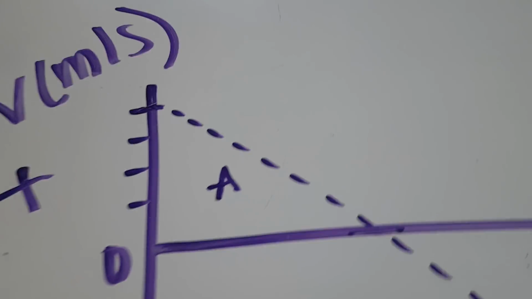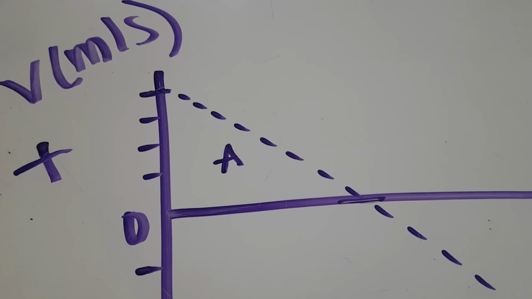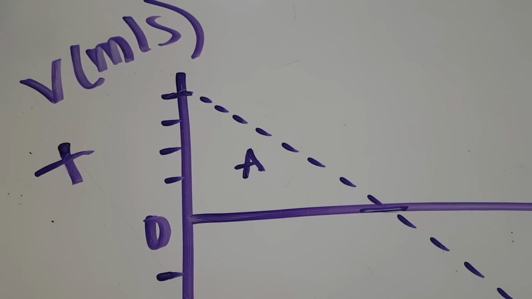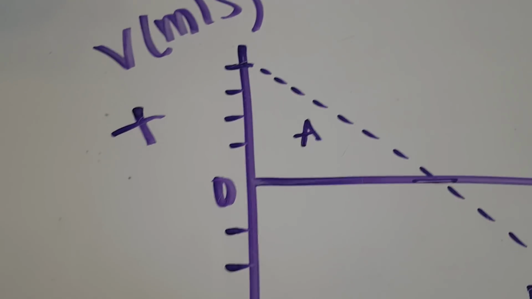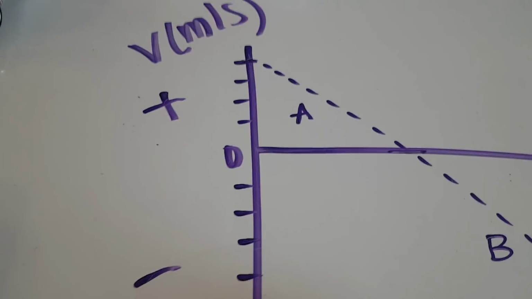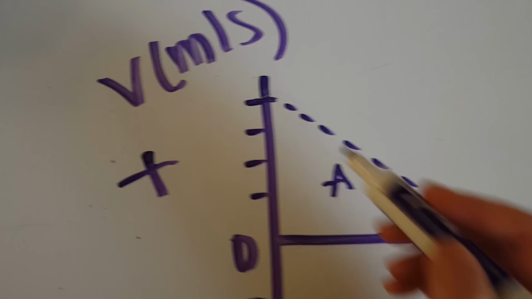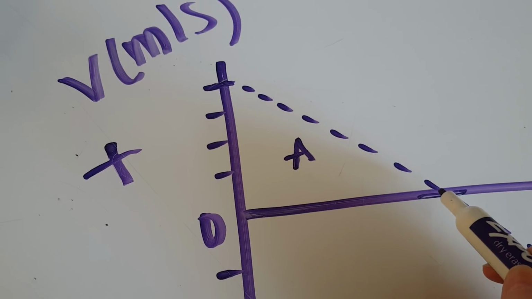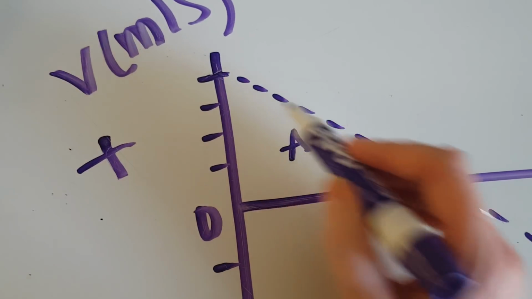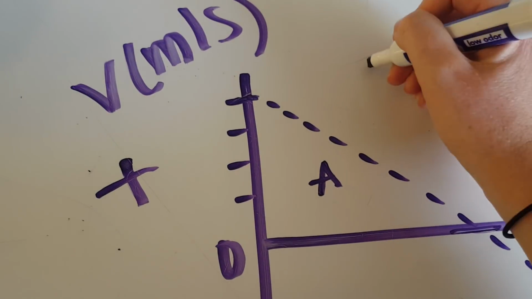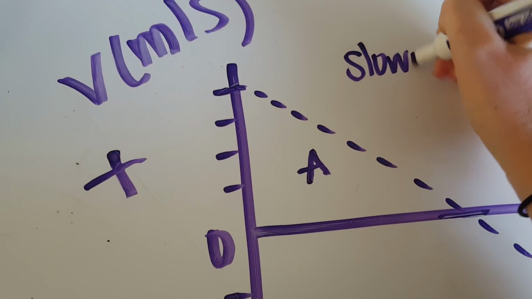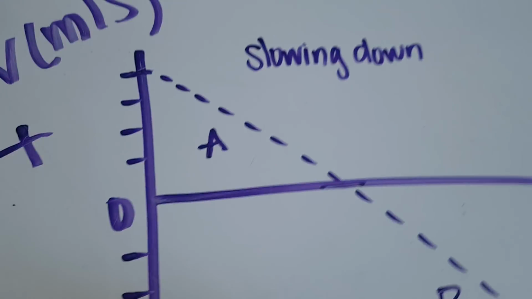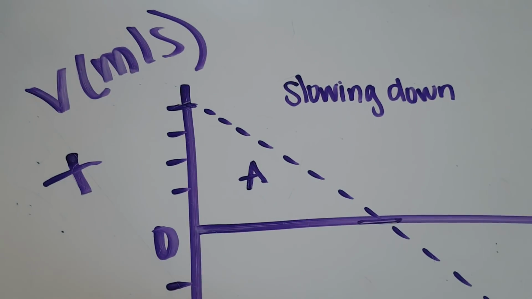So, let's look at part A first. First, let's determine, is this object speeding up or slowing down? When you're determining speeding up or slowing down in acceleration, you're going to use the values on the y-axis for velocity like absolute value. Well, this object goes from positive 4 meters per second to 0 meters per second. If I go from 4 down to 0, I'm slowing down, because if I hit 0 meters per second, I'm no longer moving. Now, I also want to know what direction is the motion in this object.